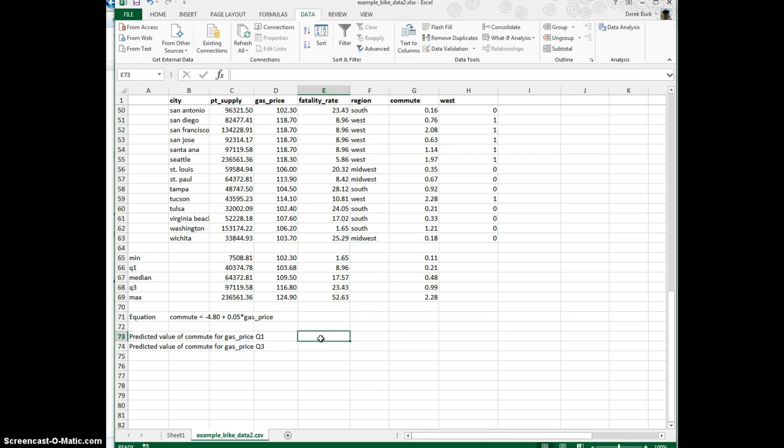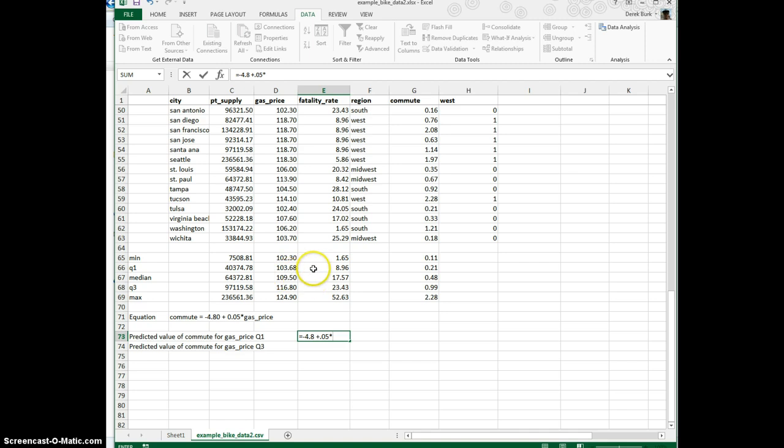All we're going to do is type in equals, and we're going to use this equation. So equals the intercept negative 4.8 plus the slope 0.05 times Q1 of, and make sure you got the right variable. So this is the gas price column. So Q1 is right here.